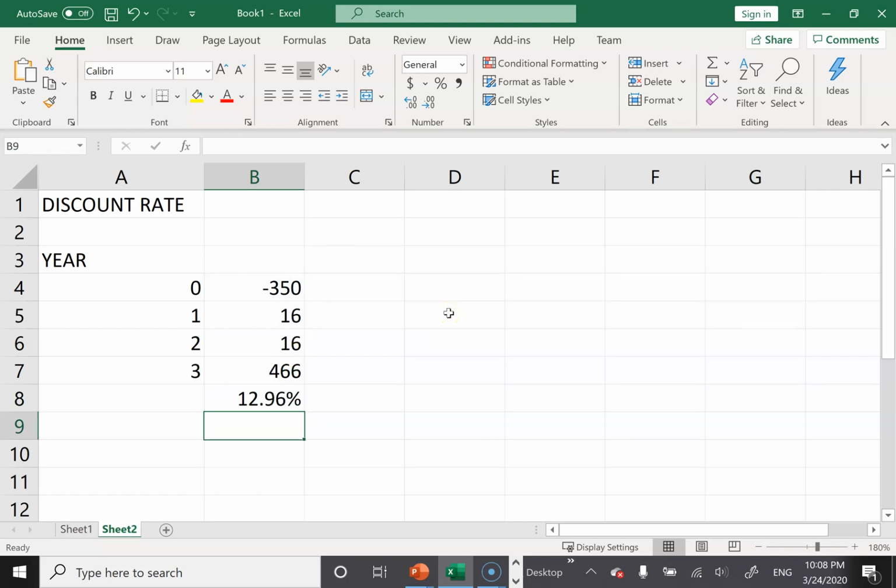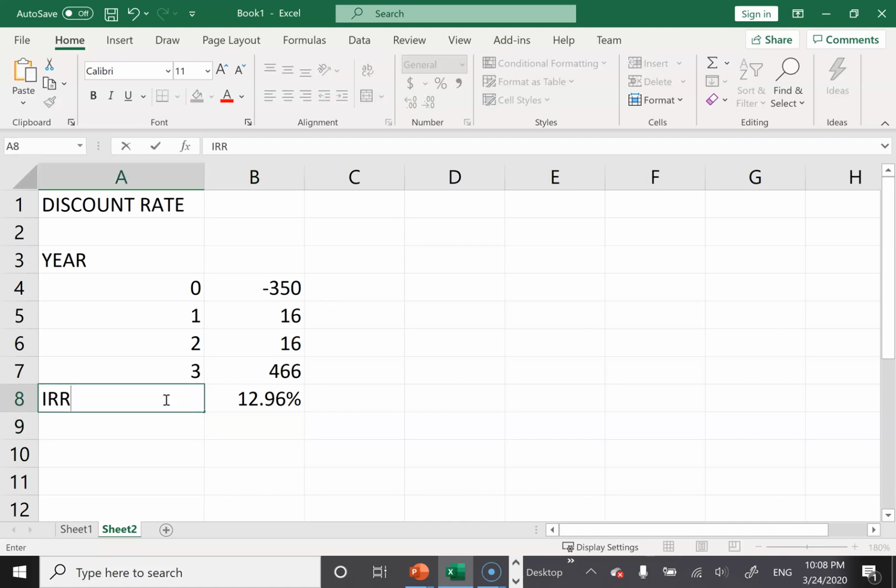Now, is this a good project? We know that the internal rate of return of this project is 12.96%, right? But that really doesn't answer the question. If we want to make a decision on whether this is a good project or not, we have to compare the internal rate of return of this project with the discount rate.